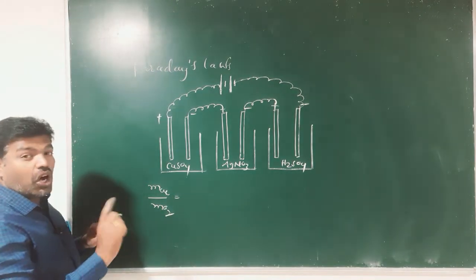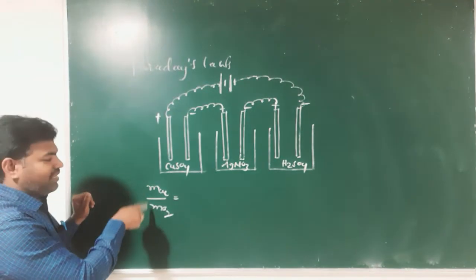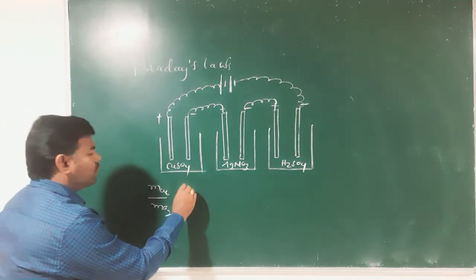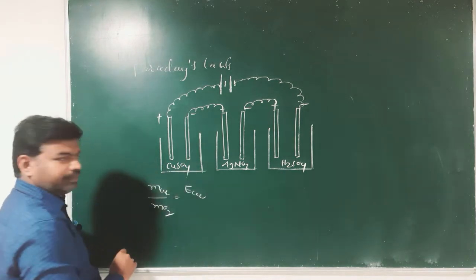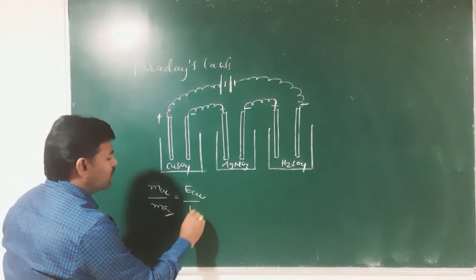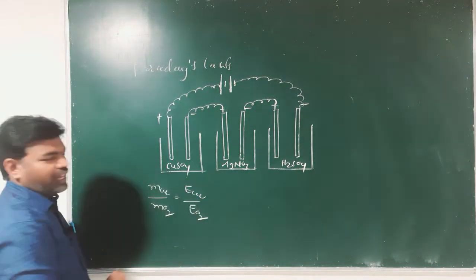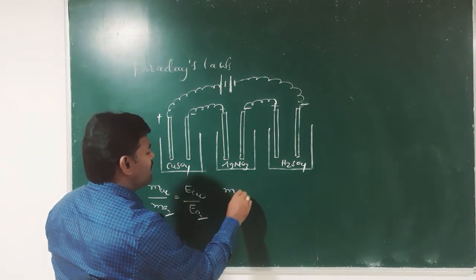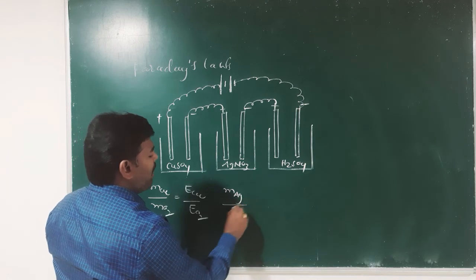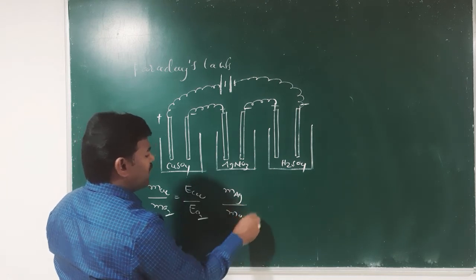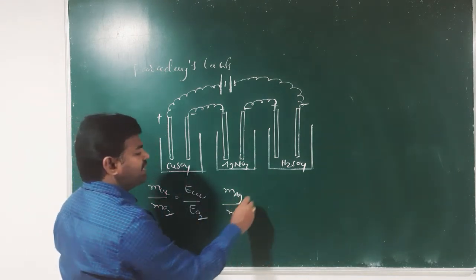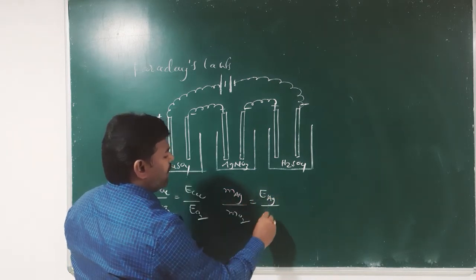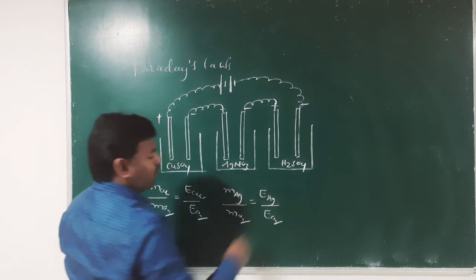If we remove the constants, we can write these ratios. Mass of copper by mass of oxygen is equal to chemical equivalent of copper by chemical equivalent of O2 gas, and mass of Ag by mass of O2 gas is equal to chemical equivalent of Ag by chemical equivalent of O2.